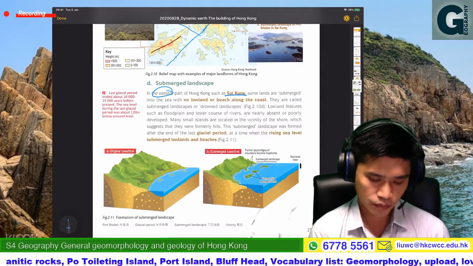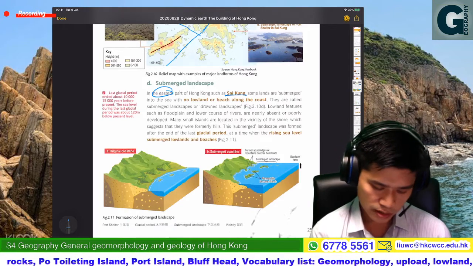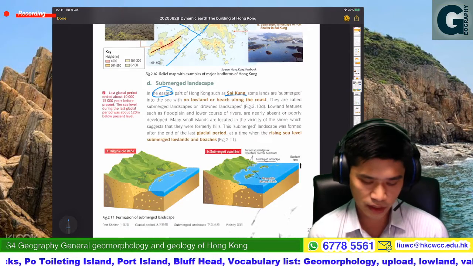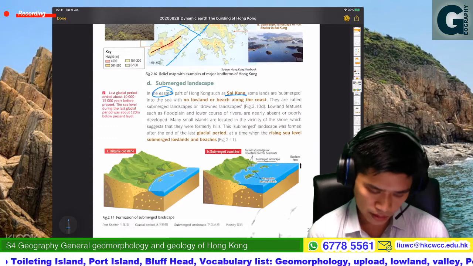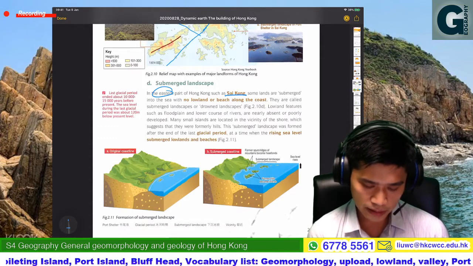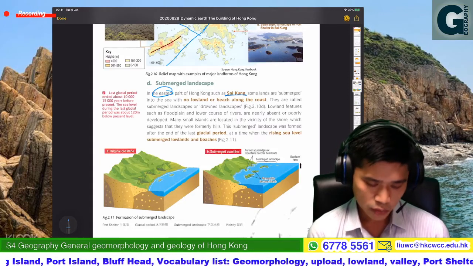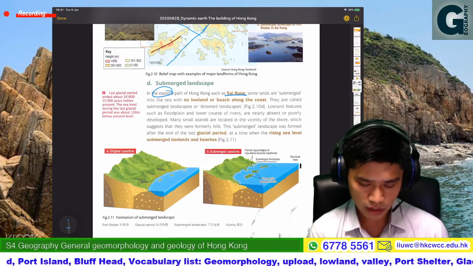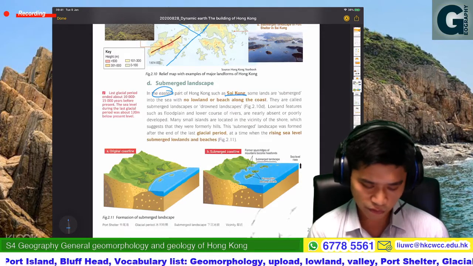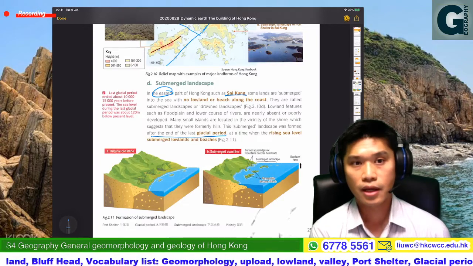They are called a submerged landscape or drowned landscape. Lowland features such as floodplain, lower course of river are nearly absent, or poorly developed. Many small islands are located in the vicinity of the shore, which suggests that they were formerly joined. This submerged landscape was formed after the end of the large glacial period.